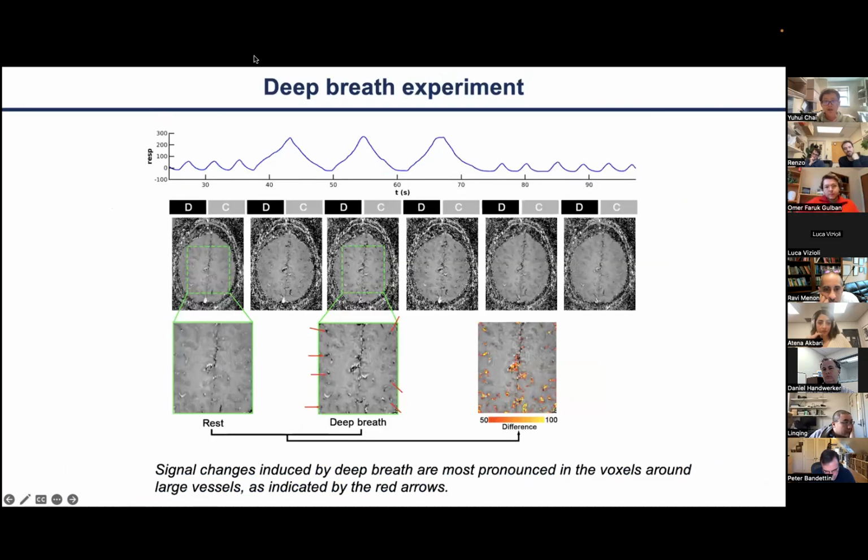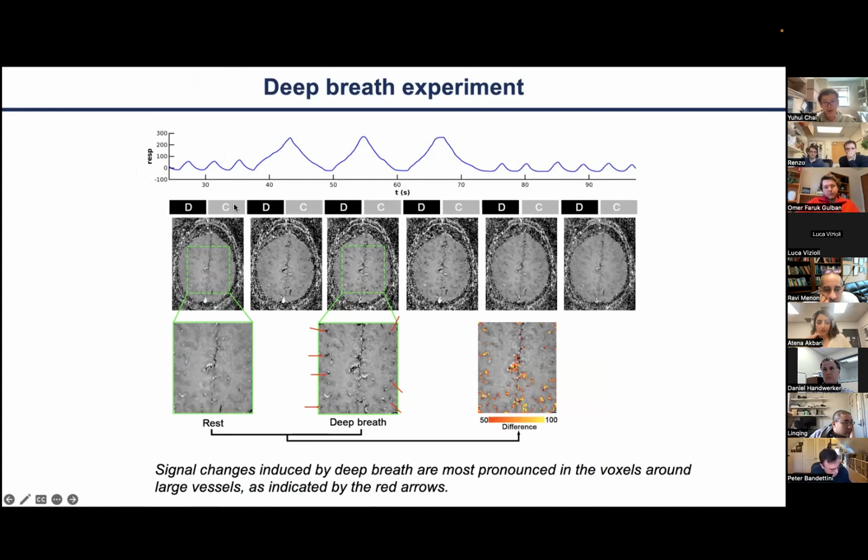So we did our first experiment, a deep breath experiment, for comparison and also to understand how respiration affects this pattern. Here the blue curve shows the actual respiration curve: the subject first rests, then takes 3 cycles of deep breath, and then rests.